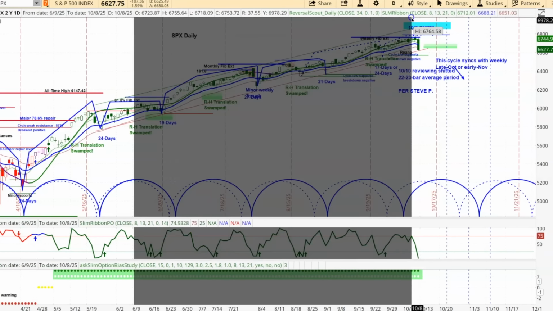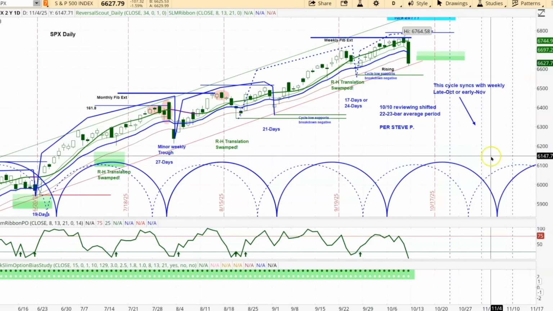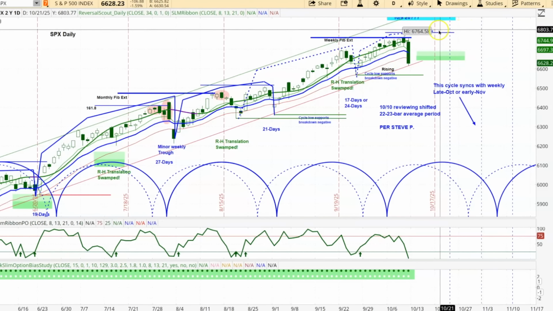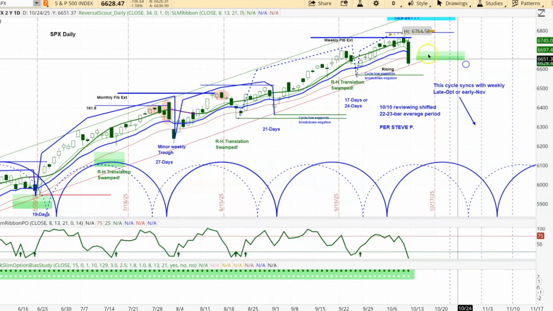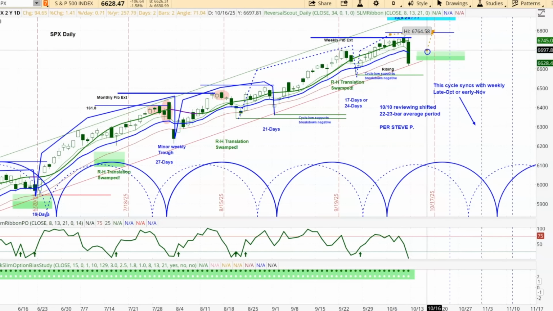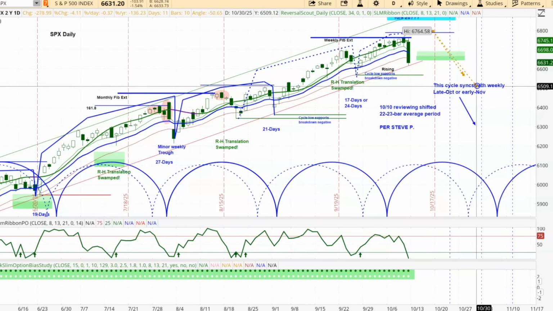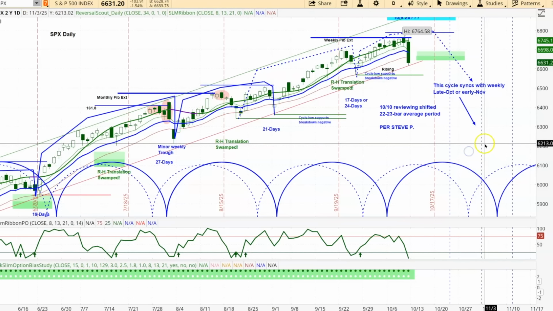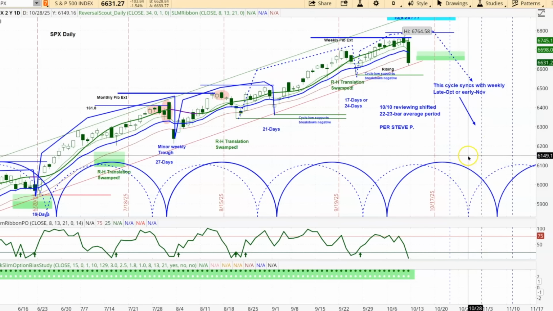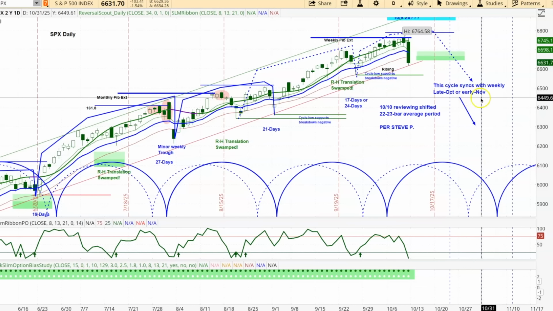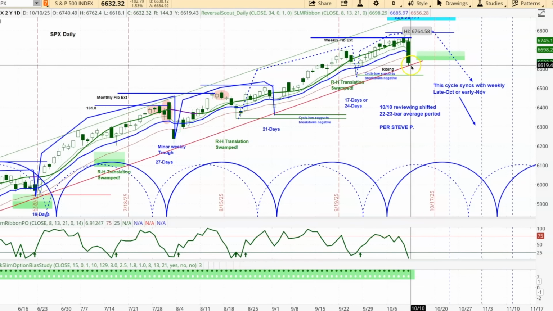So if I just bring this in a little bit right here, you could see that somewhere over here, these cycles are pointing to the downside, and you can see in here that this really looks like it's getting through these supports and maybe to that cycle low, and it's pointing to the downside in here. So somewhere right over here is the end of October, beginning of November, and you can see that's what we're looking at. This looks like a decline that is just starting.